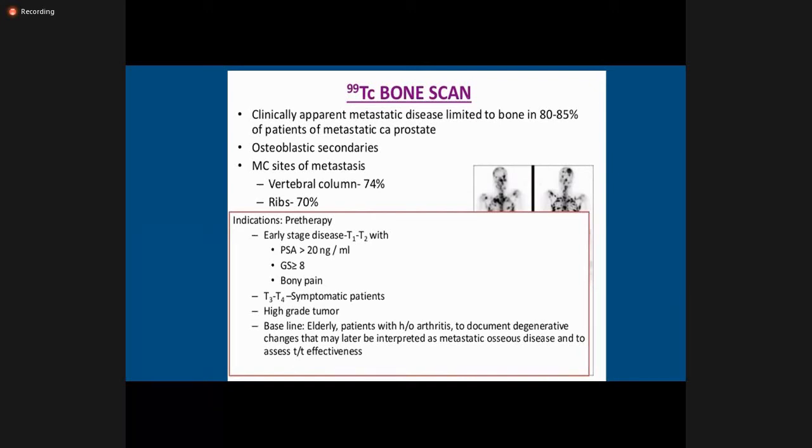If somebody comes to your clinic with raised serum PSA and lower urinary tract symptoms, then the first option will be to go for the bone scan. If the bone scan is negative, then we will go for the MRI.